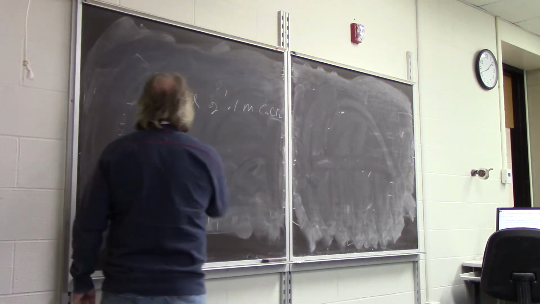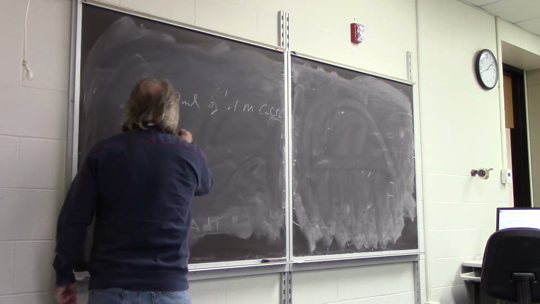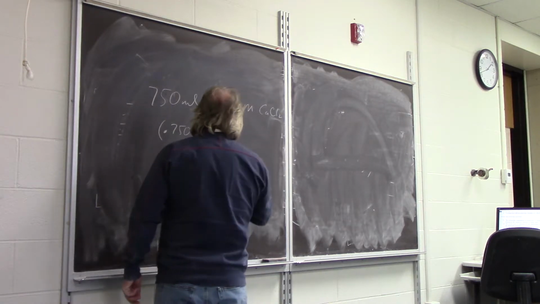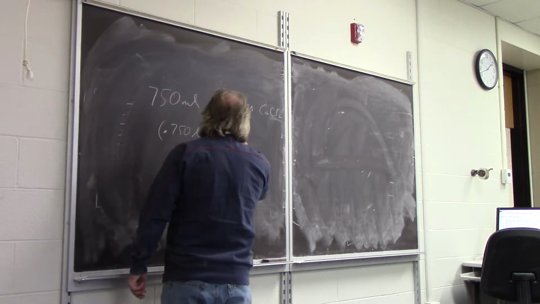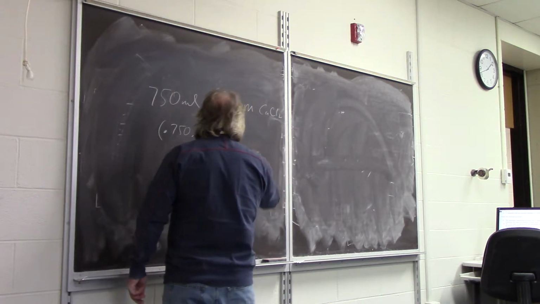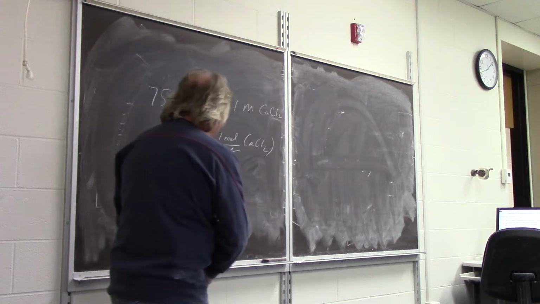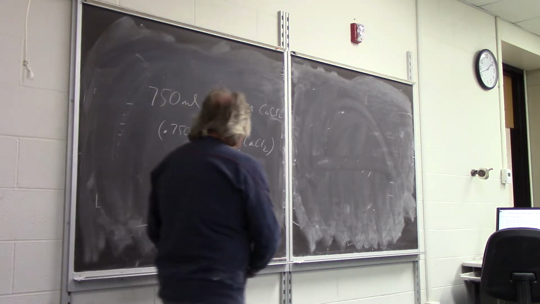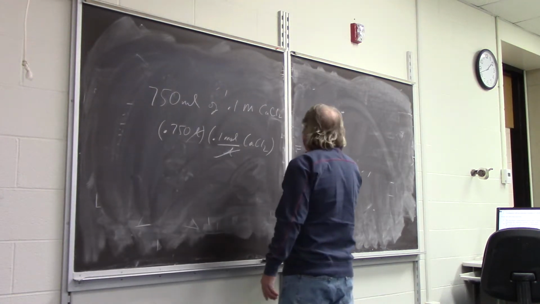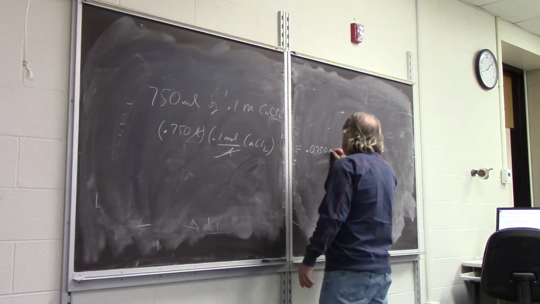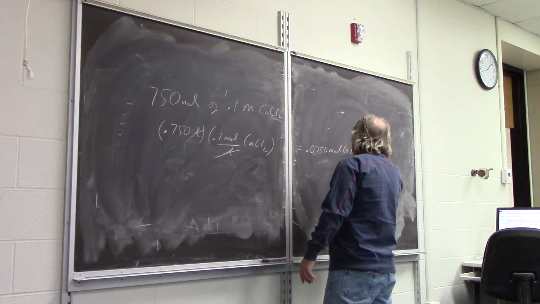Okay, so this is 0.750 liters multiplied by 0.1 moles per liter calcium chloride, and you end up with 0.075 moles calcium chloride.